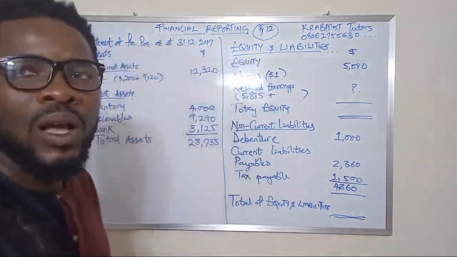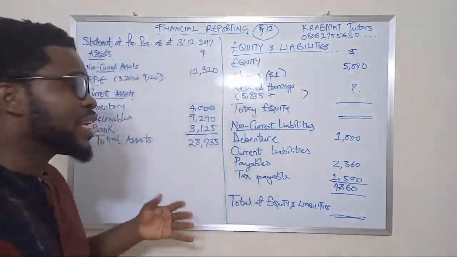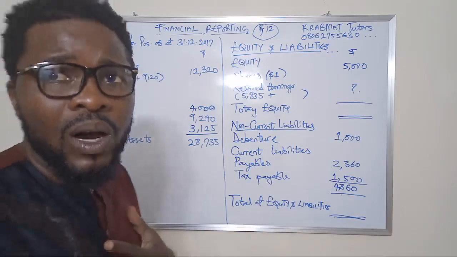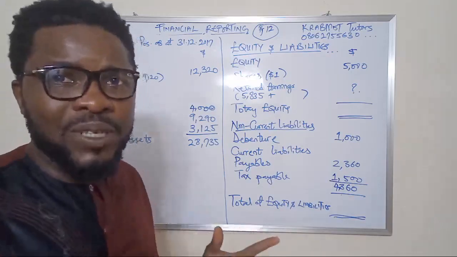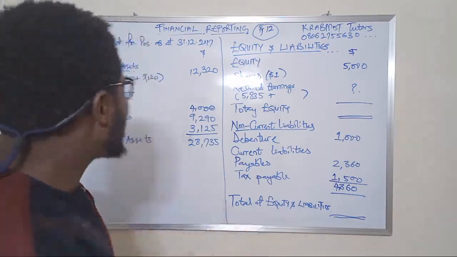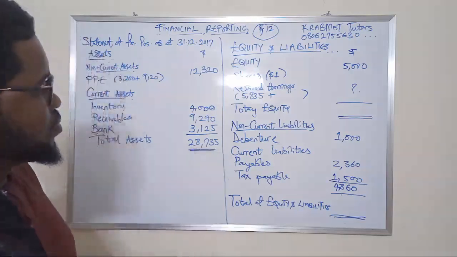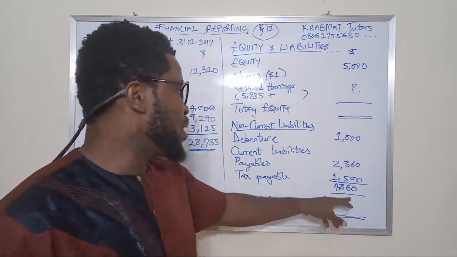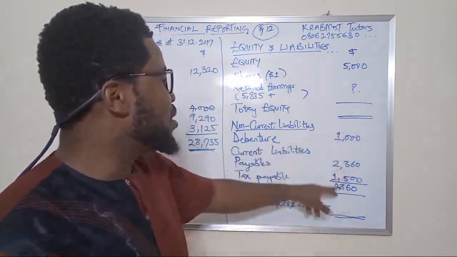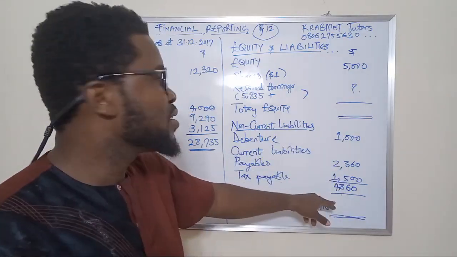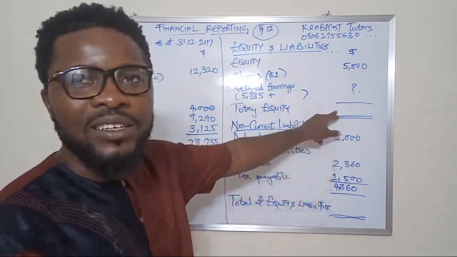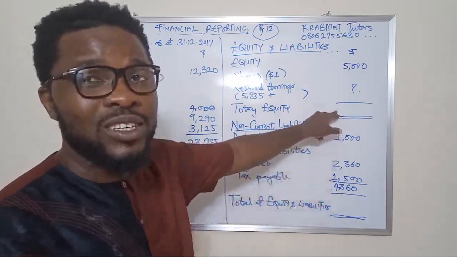Now listen, if I am in the exam hall I want to go and do my things sharp sharp. I have here total assets, this, and I have this one. Total liabilities is this. I don't have a figure yet here. Do you know what I will do?